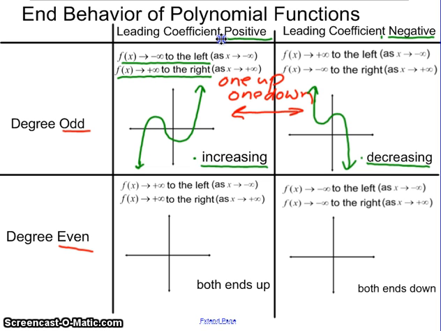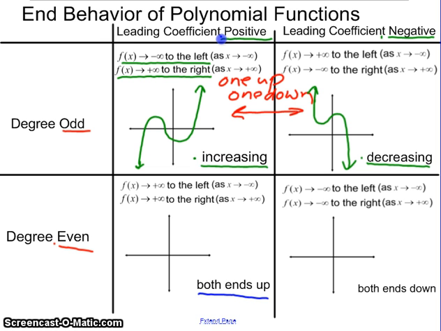All right, the 2 on the bottom are either both ends up or both ends down. Okay, so if the degree is even and the leading coefficient is positive, that means both ends up.